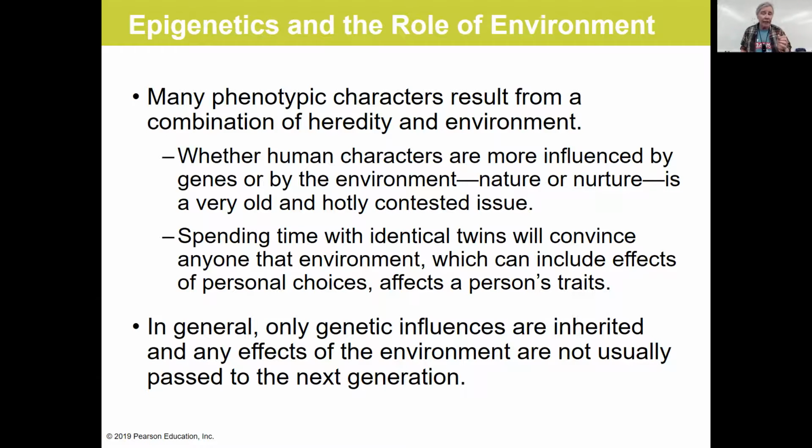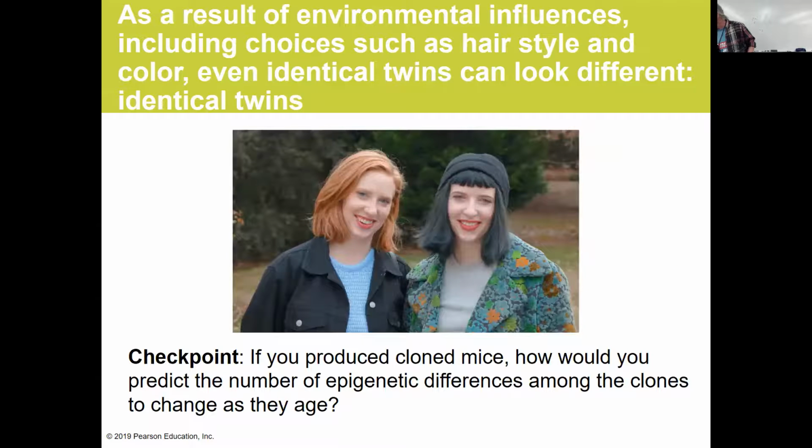This is called epigenetics, EPI genetics, epigenetics. Wait a minute, there's another term also, which I forgot. I'll bring it up in the next video, that is also a word that means the effect of environment on the expression of genes. So as a result of environmental influences, including choices such as hairstyle and color, even identical twins can look different.